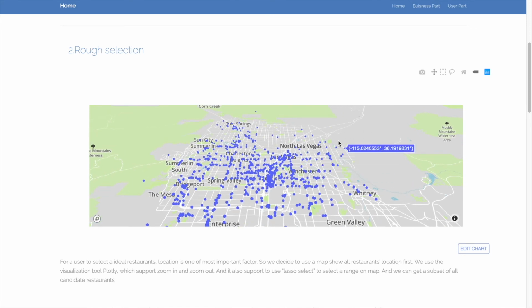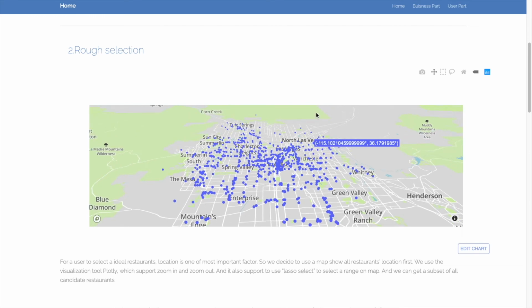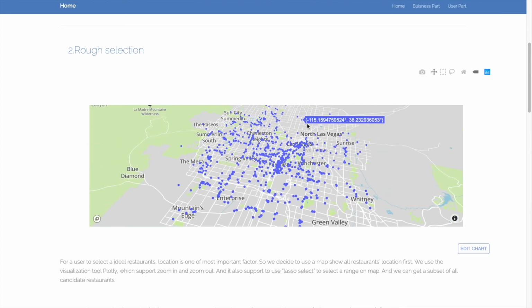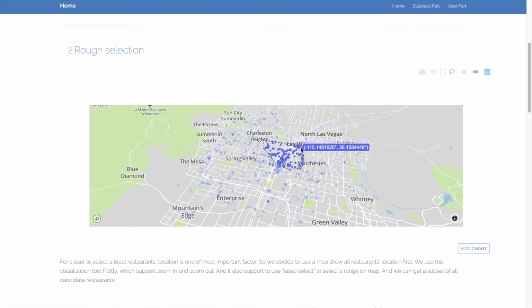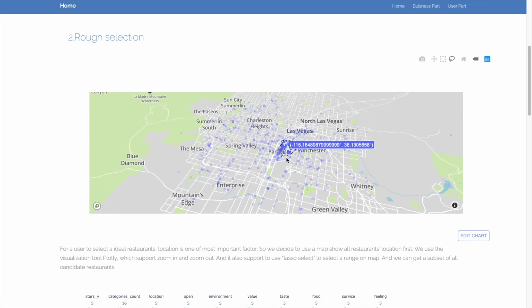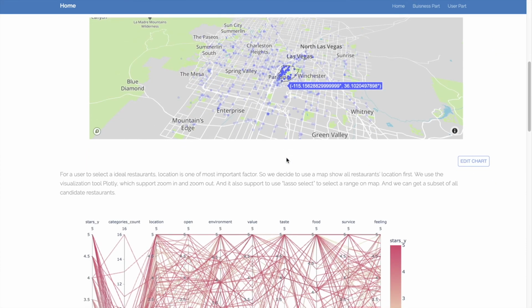And the user can select the ideal restaurant, and our map supports zoom in and zoom out, and also it supports the user to use the north-south select. It's here to select some sublist of this location, and then we can get a subset of all candidate restaurants.